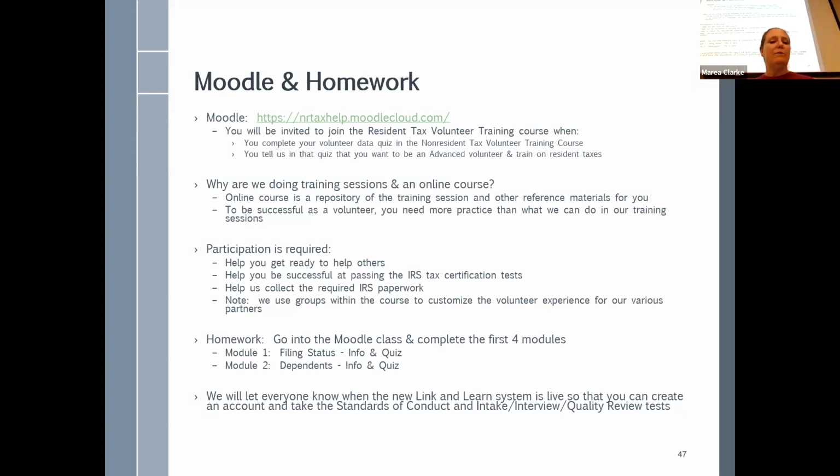If you say yes, I want to be an advanced volunteer and train on resident taxes, I will use that result and I will send you the invitation to the resident training course, okay? Again, same reasons for why we're doing this. We will have two modules that you will have to complete, not four. So there will be a filing status one and a dependence one as well. All right. And then again, we'll let everybody know about the software when it's available.